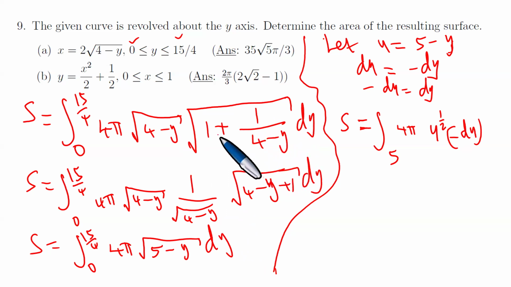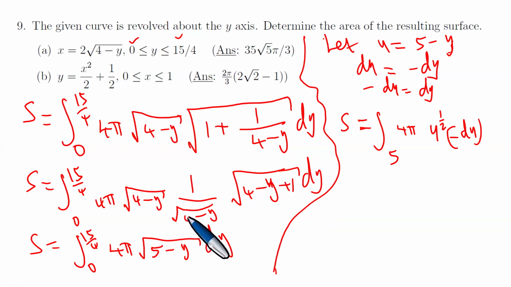So one way to do that, to get rid of the fractions, is to take out the 1 over 4 minus y. But when you take out 1 over 4 minus y, in the place of the 1 here, you're going to have 4 minus y plus 1.